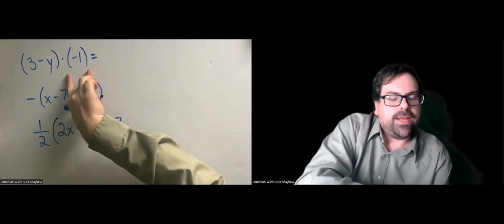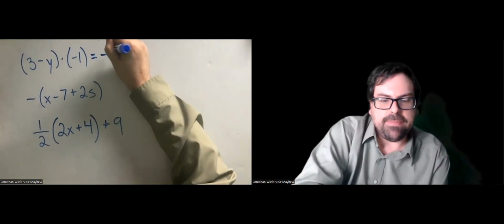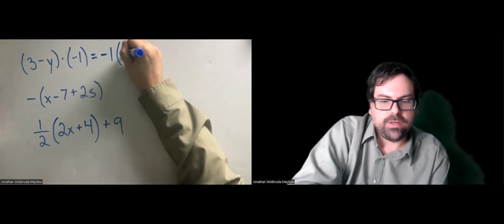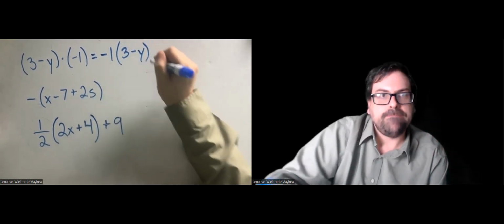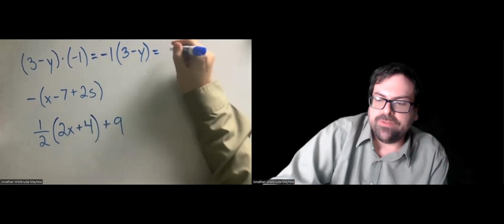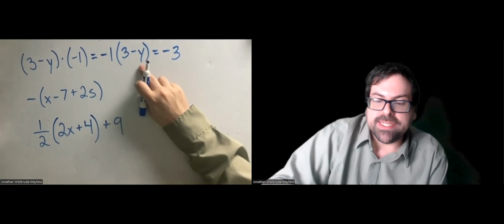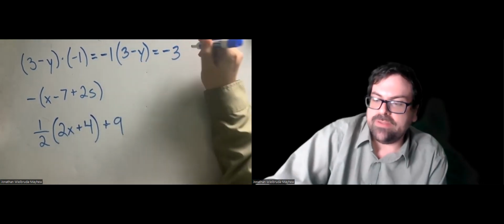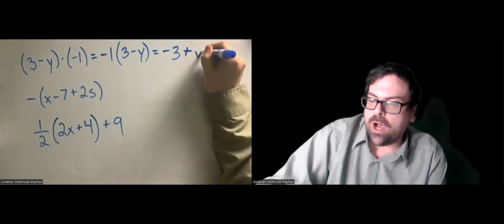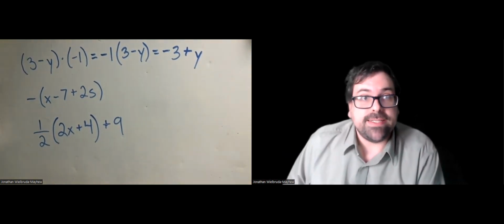The negative 1 coming after the 3 minus y is the same as having the negative 1 before the 3 minus y. Negative 1 times positive 3 is negative 3. Negative 1 times negative y, negative times negative is positive. 1 times y is just y, because anything times 1 is itself.